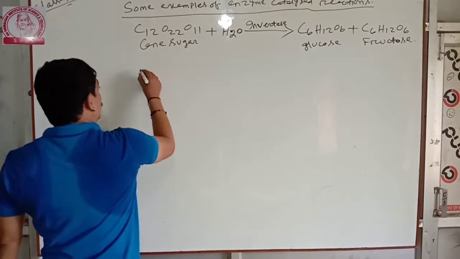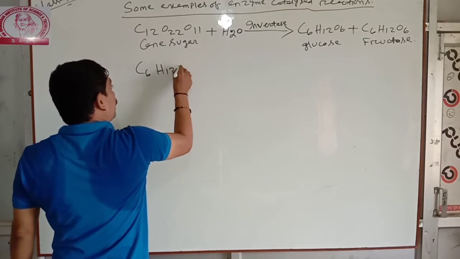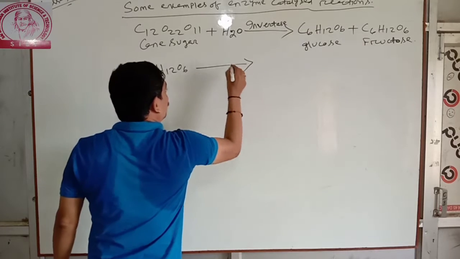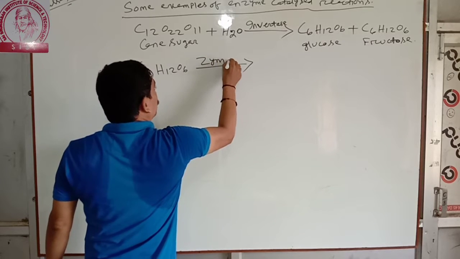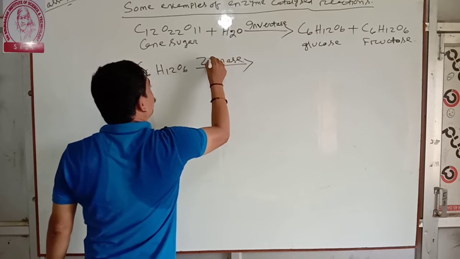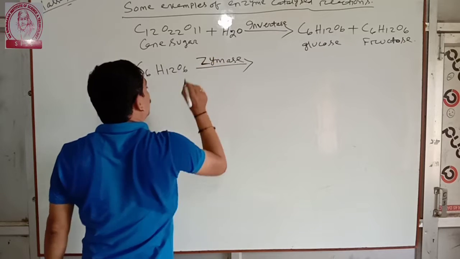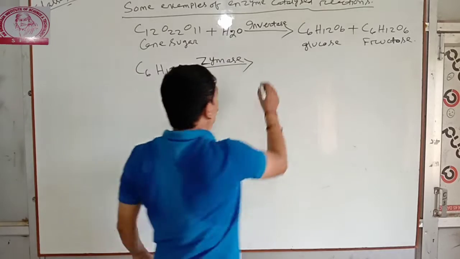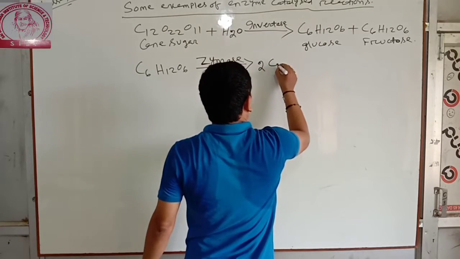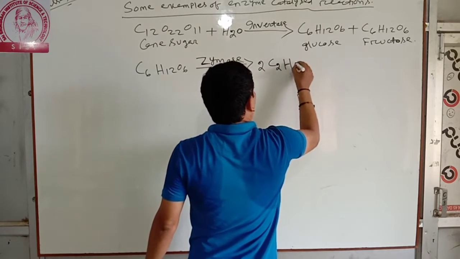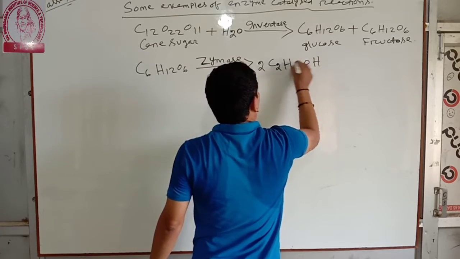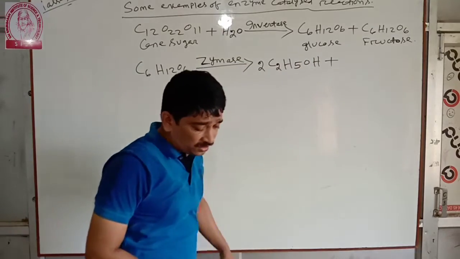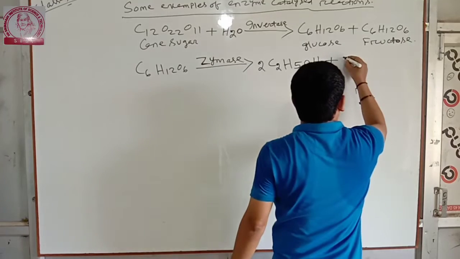Next, C6H12O6 in presence of zymes gives 2C2H5OH plus 2CO2.